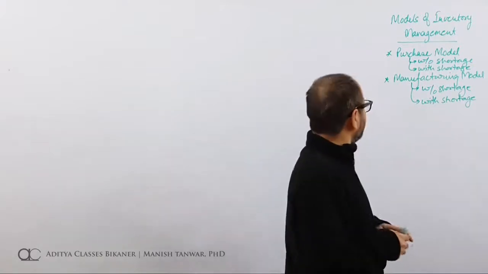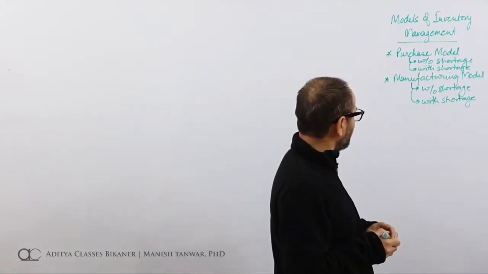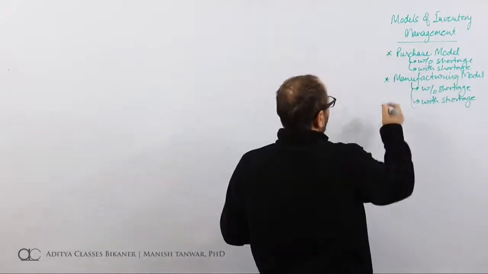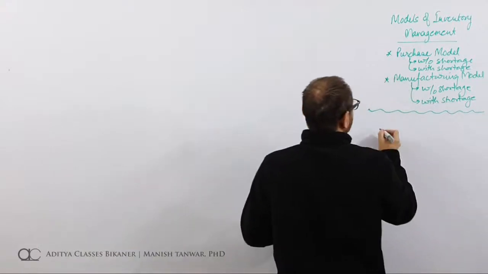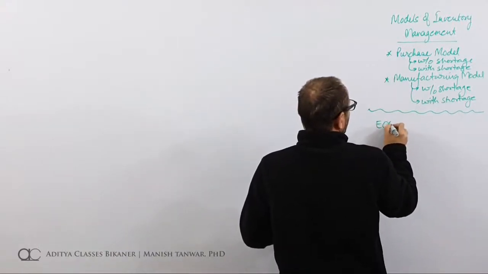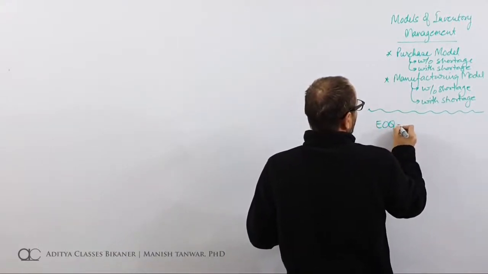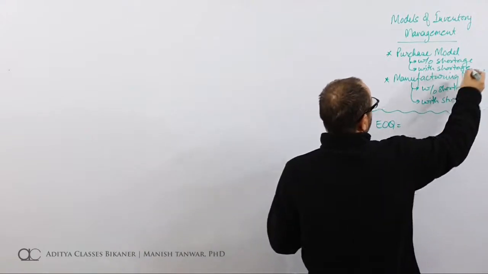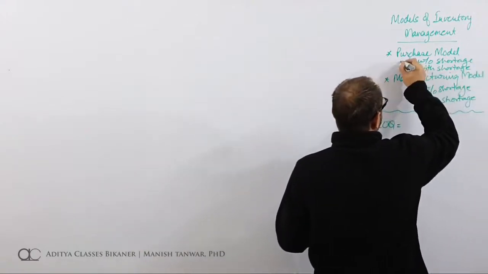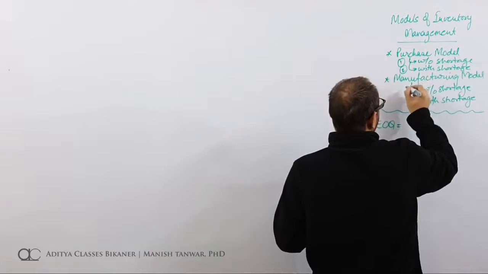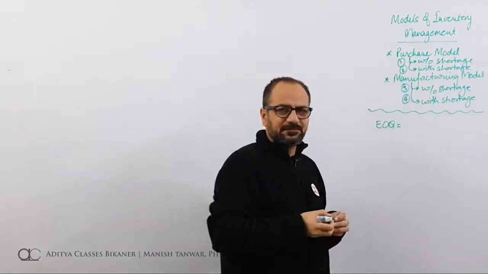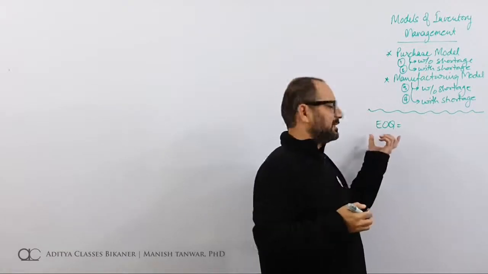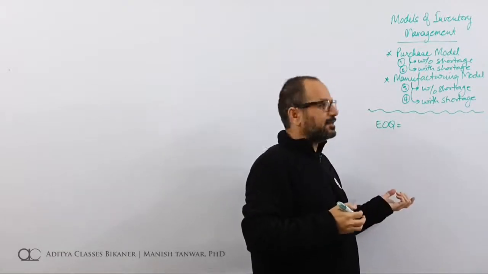Now if we make a quick recap of all the models, let me call this first model, second model, third model and fourth model. Just for reference that which model it is, I'll write down the different formulas for EOQ.